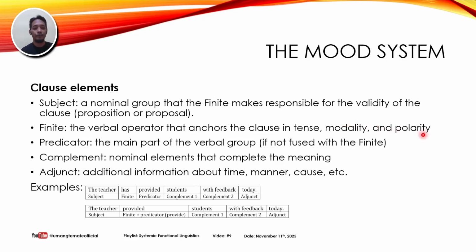And polarity is simply whether the finite is in the positive form or negative form. And then the predicator is the main part of the verbal group if not fused with the finite.